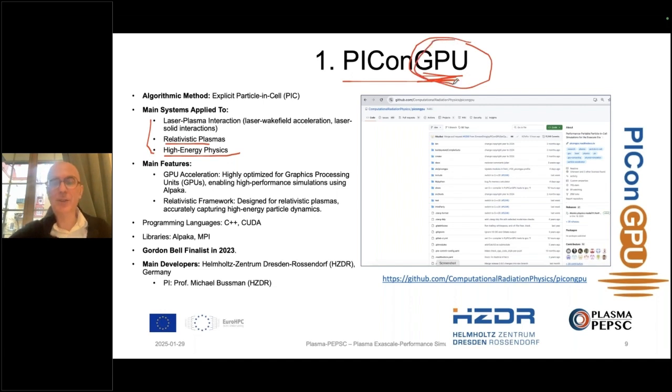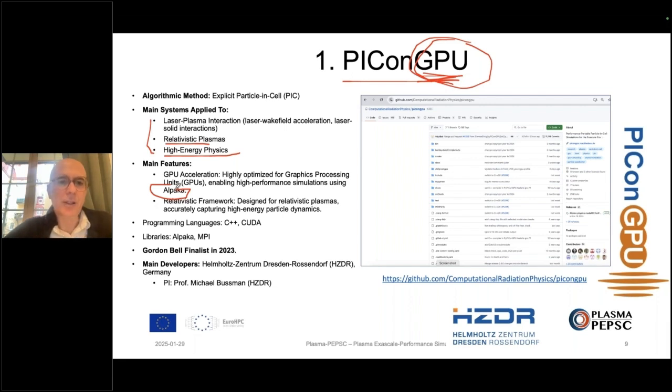In reality, it supports a very wide range of different architectures, and it does that by using a framework called Alpaka, which allows for extremely portable, and also extremely performance-portable, porting of PIConGPU to many different architectures. It is a relativistic framework, designed for relativistic plasma, accurately capturing high energy particle dynamics.